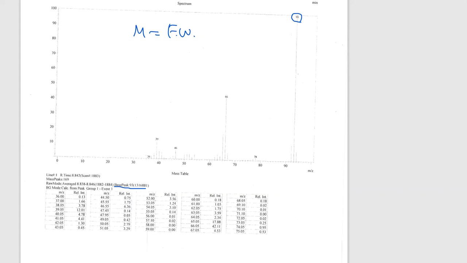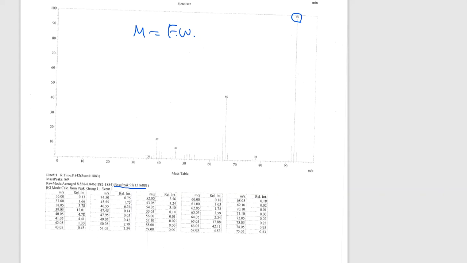It's really hard to knock out a tooth. Maybe it doesn't have any teeth to begin with. It's just running on dentures. But this compound has made its way to the detector fully intact. So this is something that we want to keep in mind. M peaks can be base peaks. Not every time, not all the time, not often even, but it can happen.